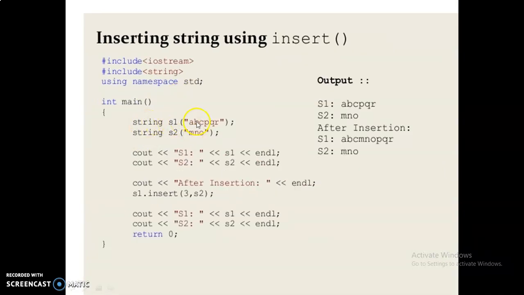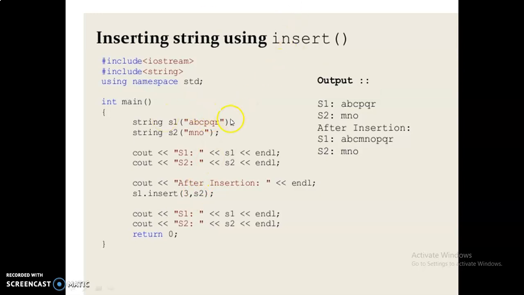Here the string S1 has A, B, C, P, Q, R. S2 has M and O. First, the cout statement outputs A, B, C, P, Q, R. The second statement outputs S2, which has M and O. After insertion, the insert is done on the string S1: S1.insert(3, S2).